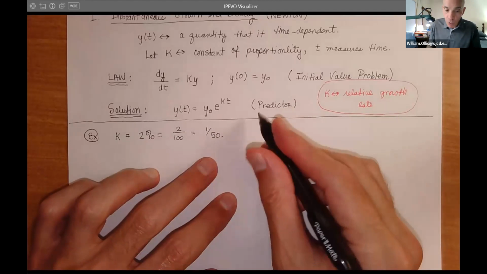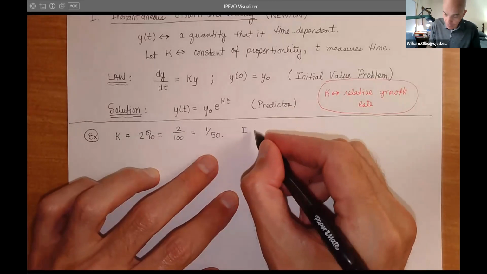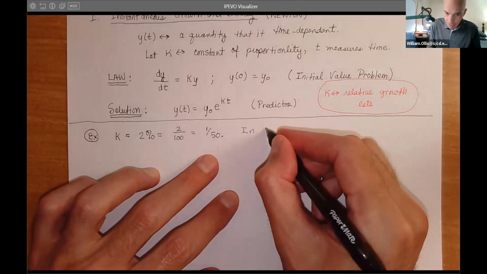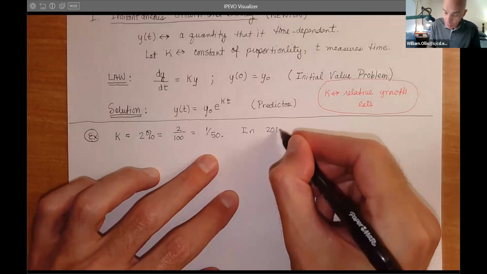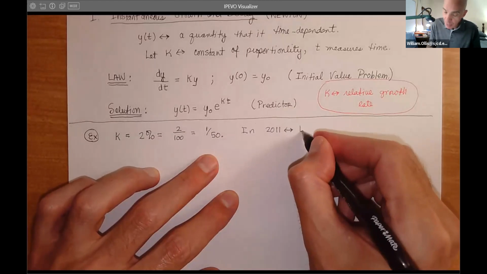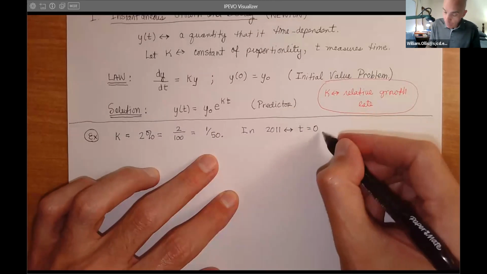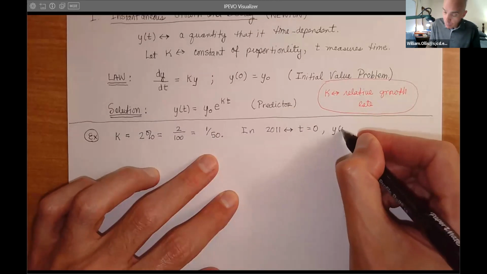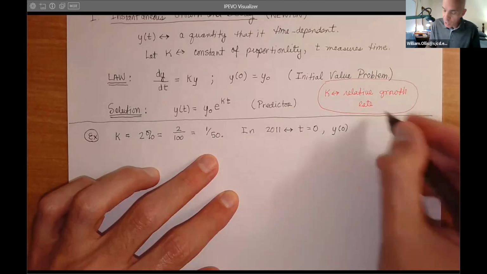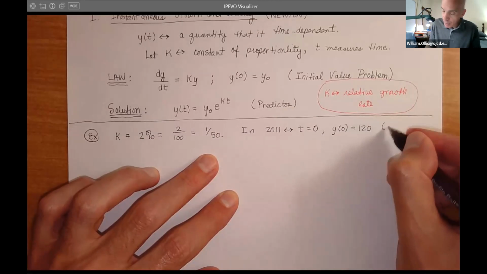And then we're given that in 2001, or excuse me, 2011, which will correspond to when we start recording time, t equals 0, we have y of 0, and this is actually a population, will be 120, and this is in millions.